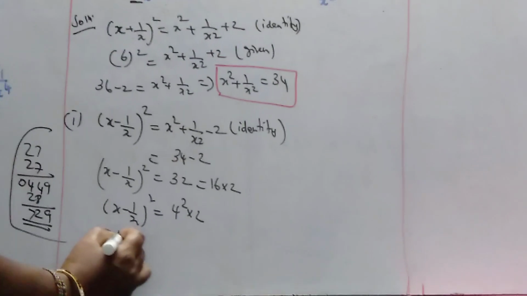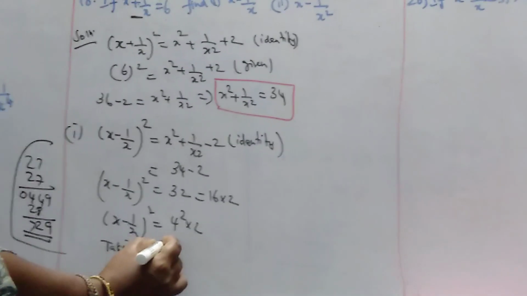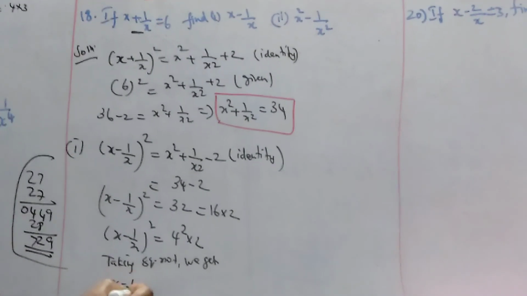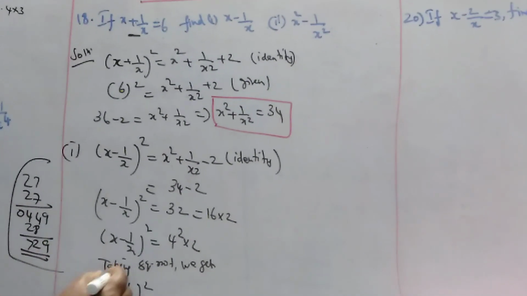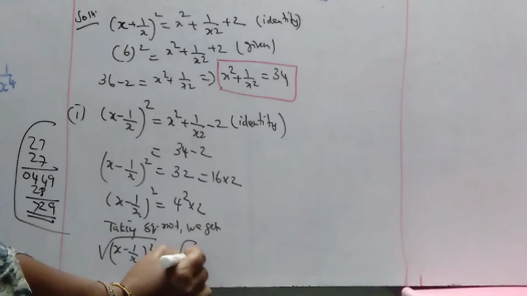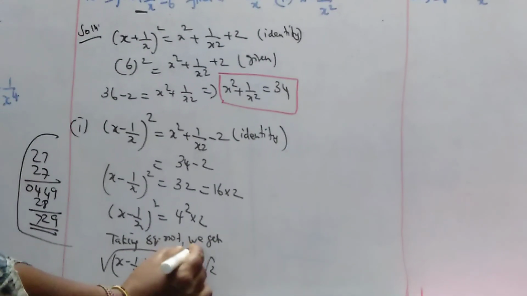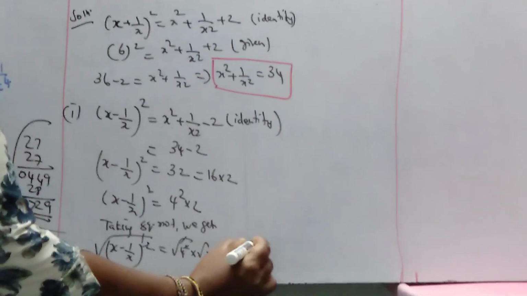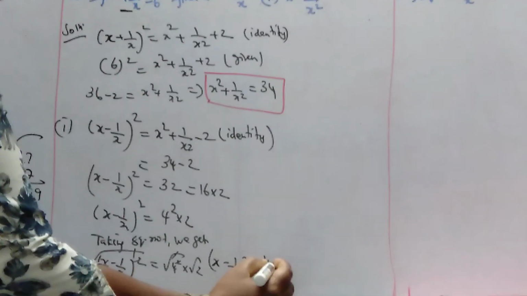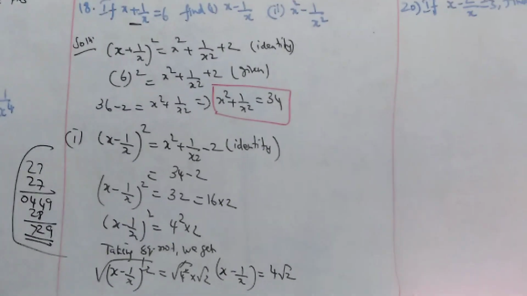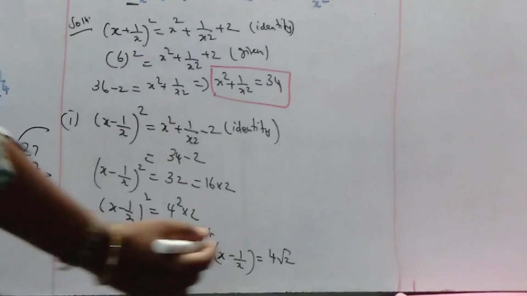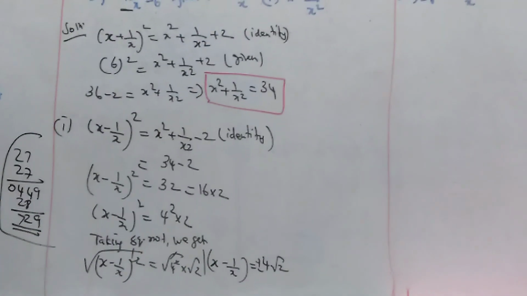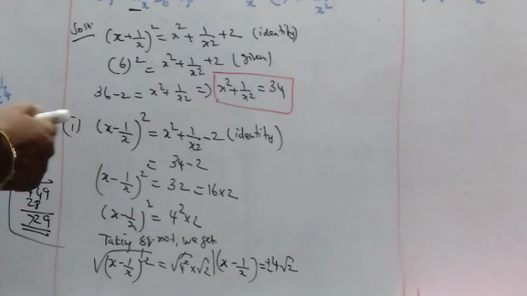So taking square root, we get x minus 1 by x equals 4 root 2. X minus 1 by x equal to plus or minus 4 root 2, which is the solution of this first subdivision.